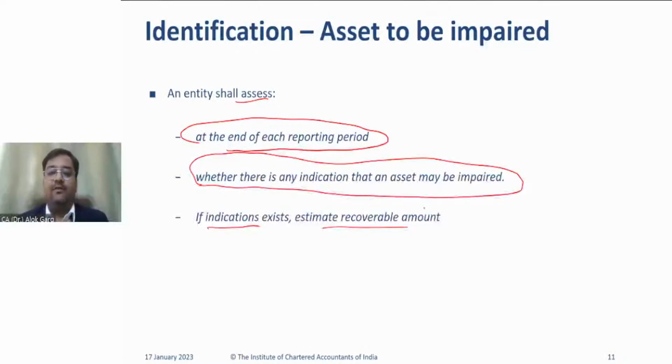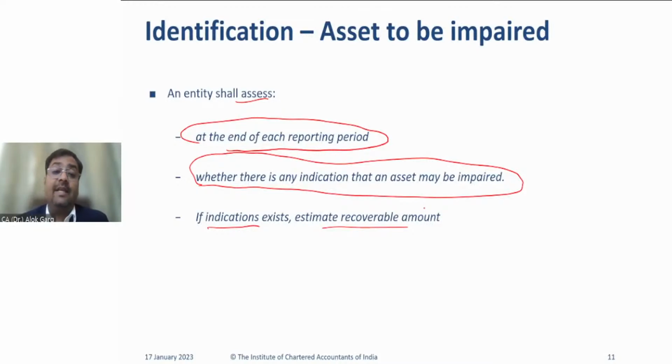So friends, first of all, the entity has to assess at the end of each reporting period: is there any indication that an asset may be impaired? In my example of a car, what was the indication that I have to check the market value of that car?